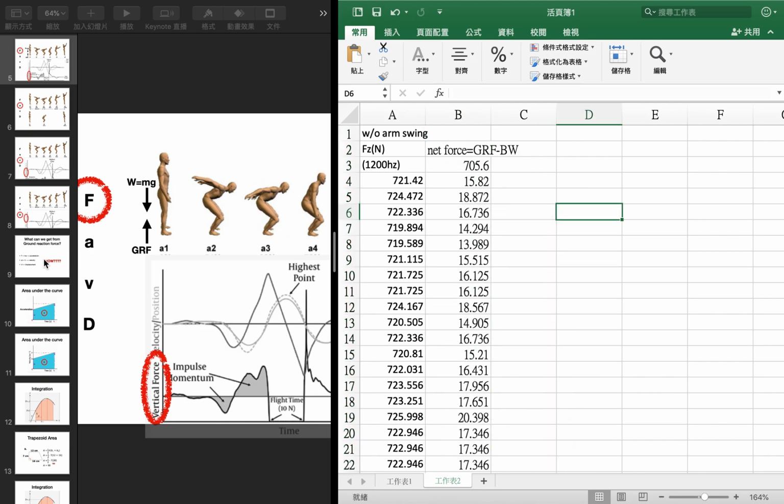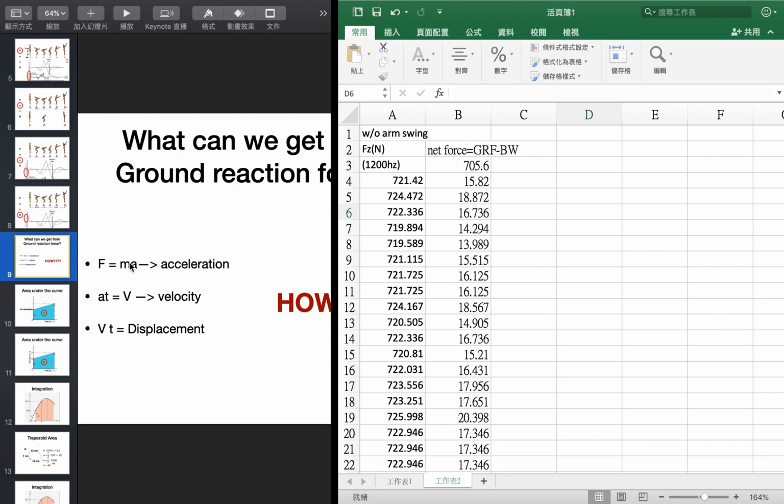What do we do next? We want to get acceleration, right? And acceleration would be force divided by mass. So acceleration equals force divided by mass, right? And we're using net force here.